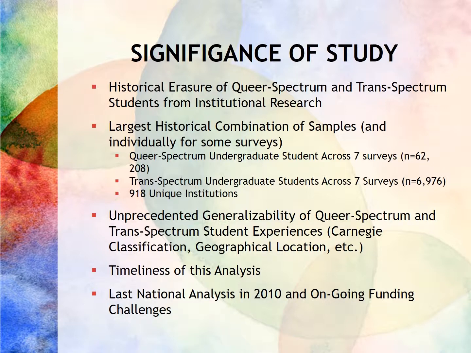In convenience samples, the data can be skewed towards out students who are connected to resource providers, who are open and comfortable enough with their identity to participate in a survey. But these were surveys that were blanketed across college campuses. So we were able to get the responses of students who might not take a survey that's targeting LGBTQ students, but a general survey that's offered to the entire campus. That's an additional aspect of this that was really exciting.